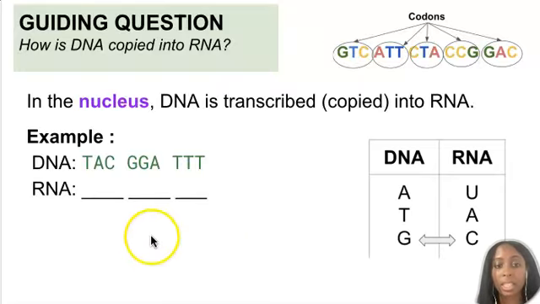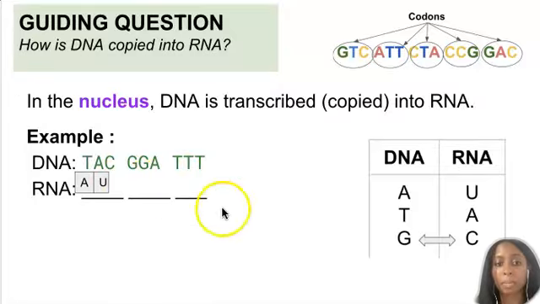Where we see the letter T here, we're going to go to the chart and see that it pairs up with the letter A. Back to the next base, A in DNA pairs with U in RNA. And the C in DNA will always pair with G and vice versa.